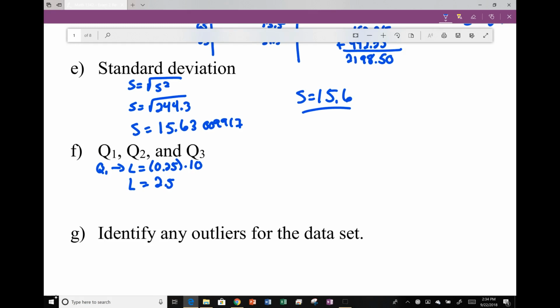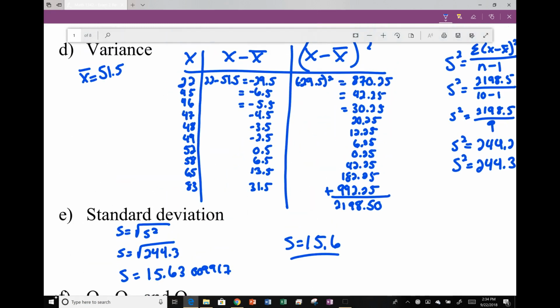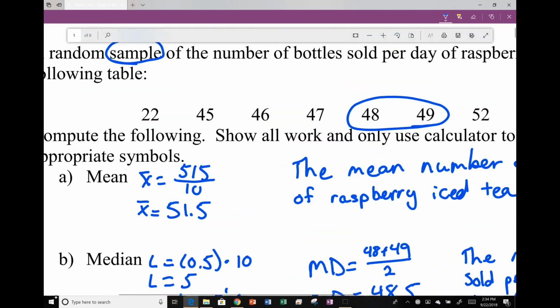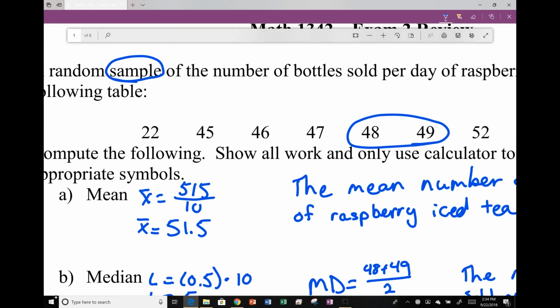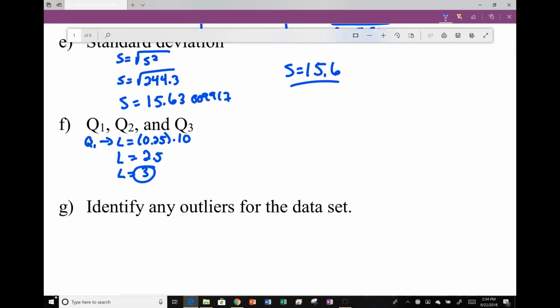When we have a decimal for the location, we round that up to the next whole number. So we're going to look at location 3. So I'm going to scroll back up till we get to here. Here's 1, 2, 3. So 46 is my Q1. So Q1 is equal to 46.